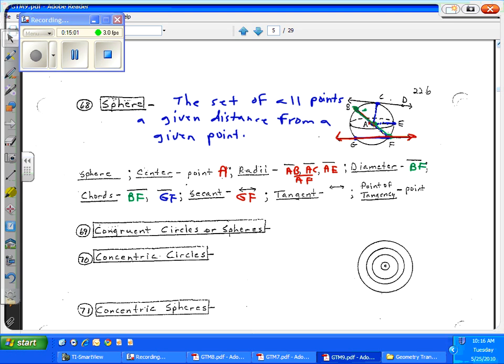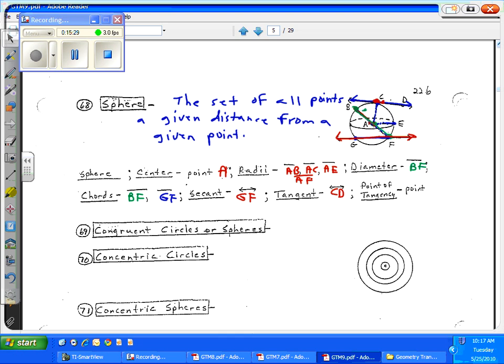Line GF. A tangent lies in the plane. A tangent can't lie on the plane of a sphere, can it? A tangent to a circle is a line that lies in the plane of a circle and intersects the circle in one point. A sphere is three-dimensional, so a tangent to a sphere would simply be a line that intersects it in one point.